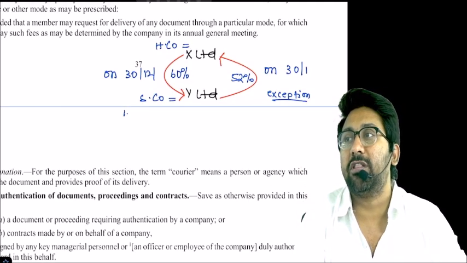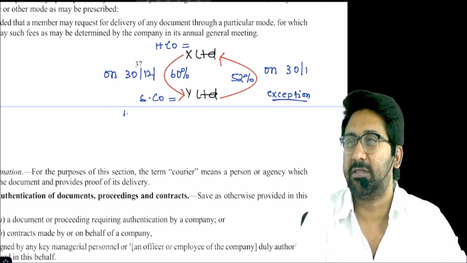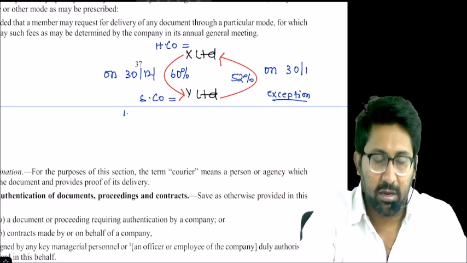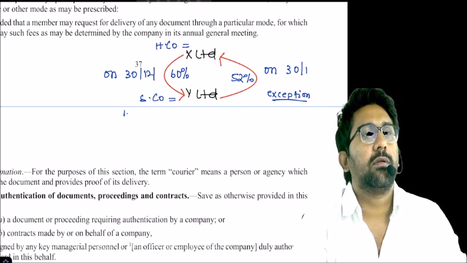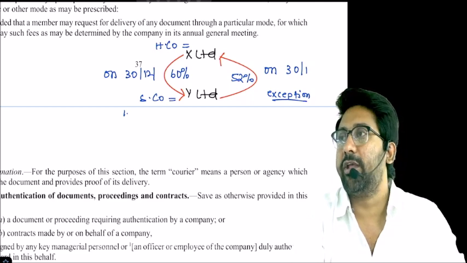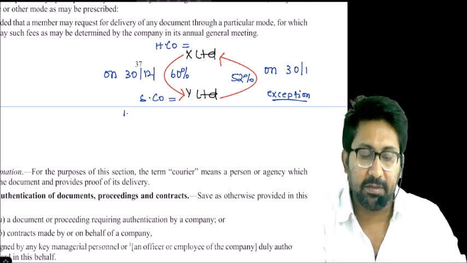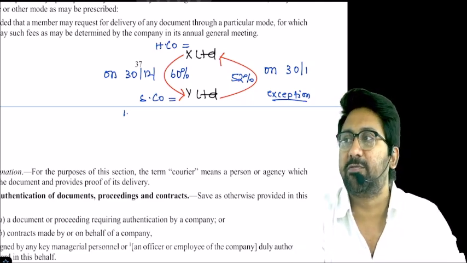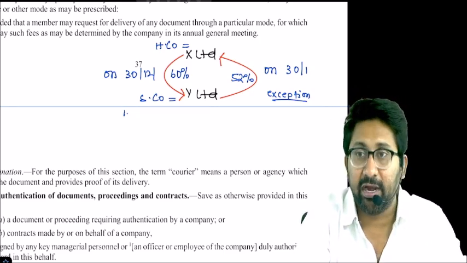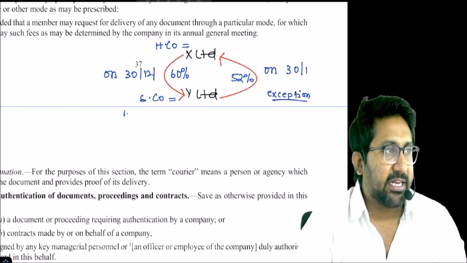Okay? Start again. Who is holding? In which company? How much holding? That means what is the date of becoming holding subsidiary? 30/12/2022 they became holding and subsidiary companies, X and Y.